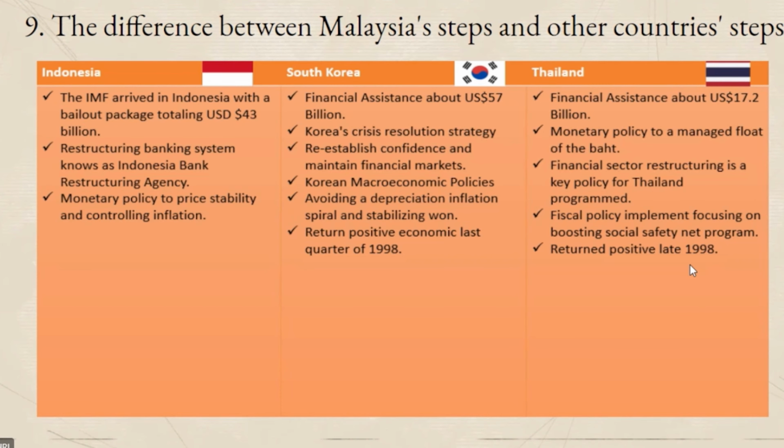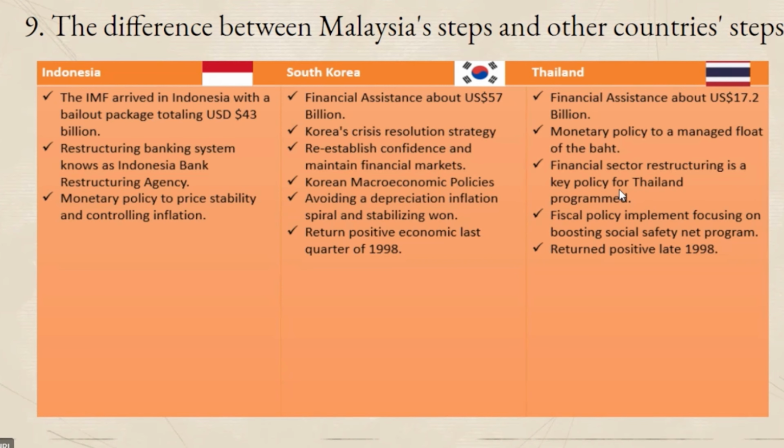Okay. Move to Thailand. From this slide, I showed that the financial assistance for Thailand is about 17.2 billion US dollars. But Thailand also overcame the financial problem faster, so they only drew about 14.1 billion from the financial assistance.